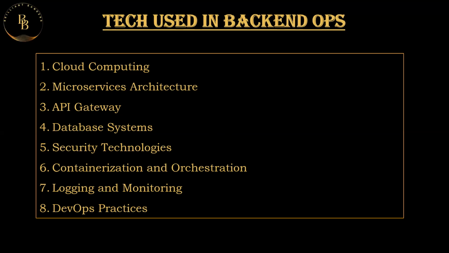Logging and monitoring: the tools for logging and monitoring, such as the ELK stack, Elasticsearch, Logstash, Kibana, help in tracking system performance, identifying issues, and ensuring reliability. DevOps practices are often employed to streamline the development, testing, and deployment processes, ensuring rapid and reliable updates to the mobile banking system.